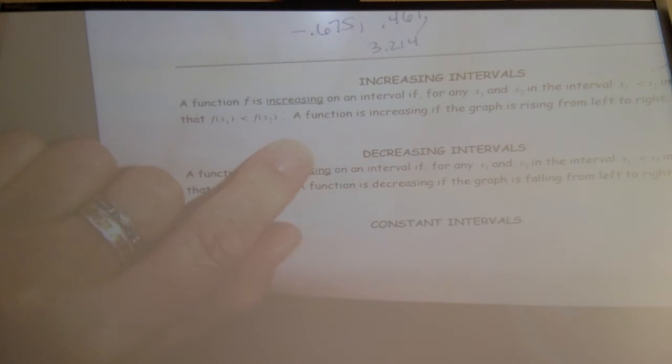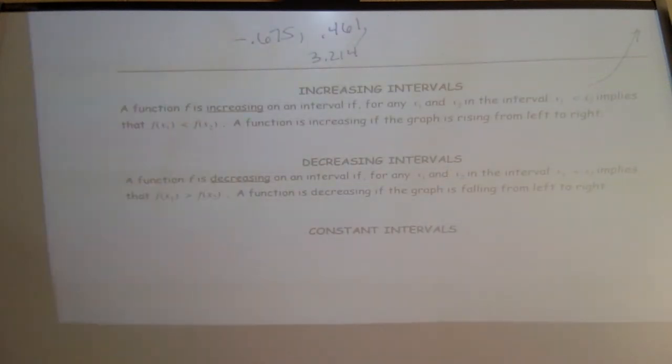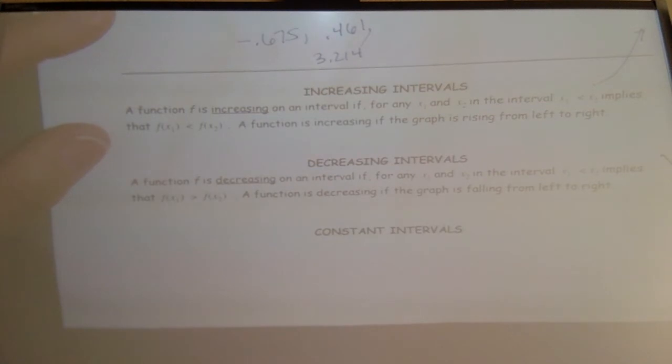It's rising from left to right. It's decreasing if I'm falling from left to right. Increasing, as you read books from left to right, we read graphs from left to right. If it's rising, it's increasing. If I'm falling, it's decreasing.